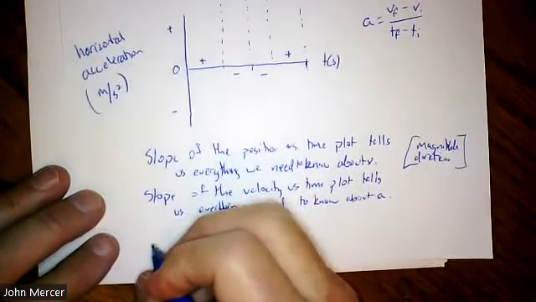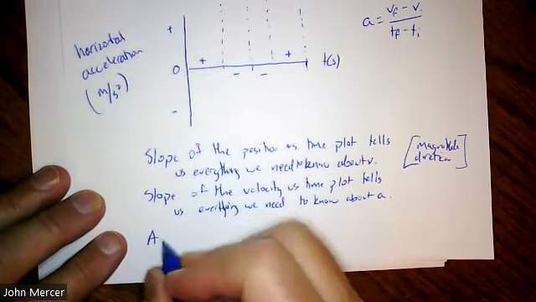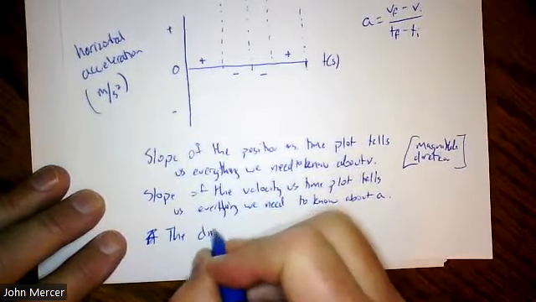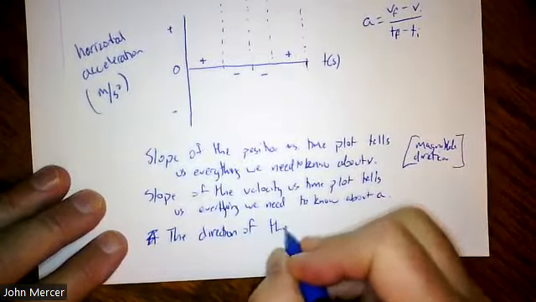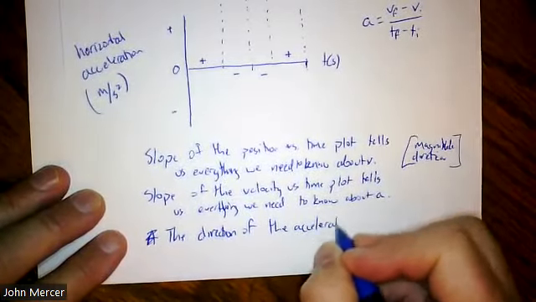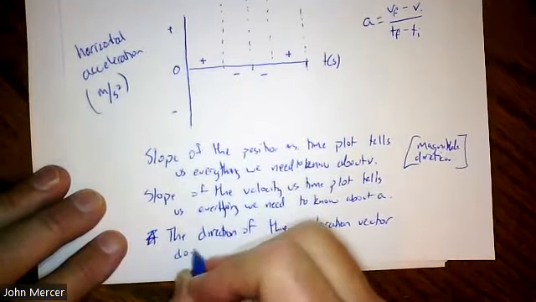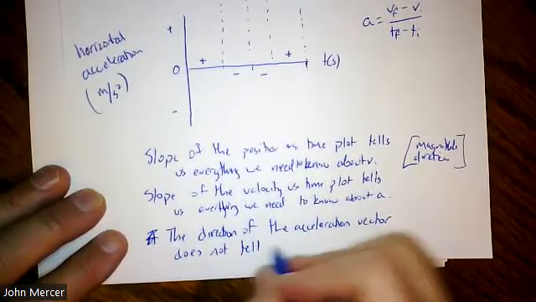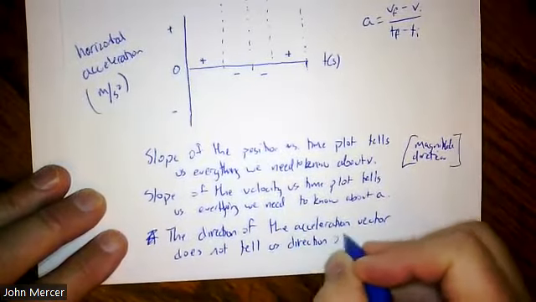The final real take-home point from this final point is that the direction of the acceleration vector does not tell us direction of motion.